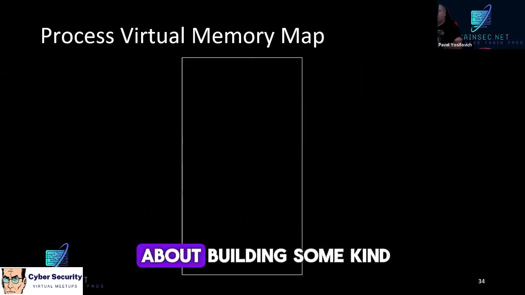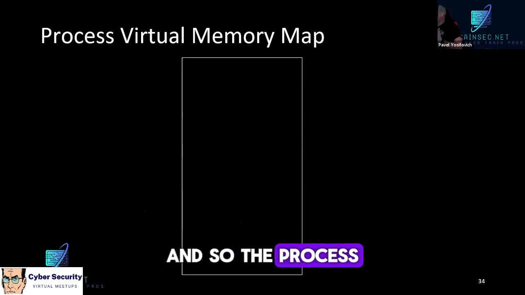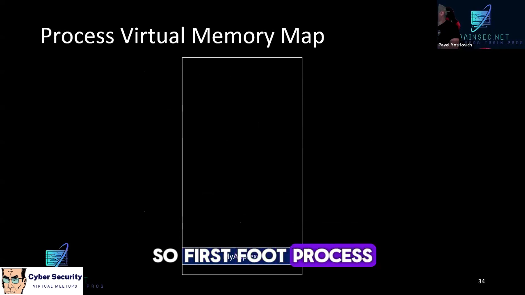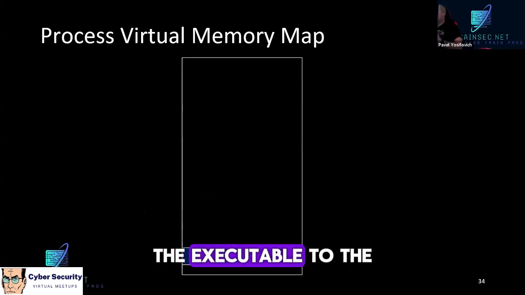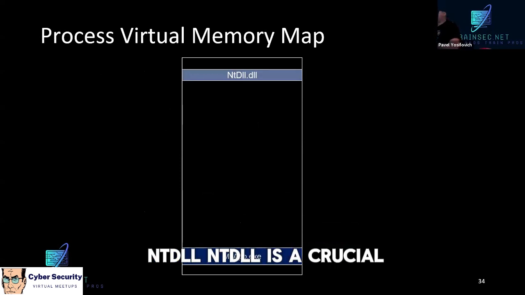So when you think about building some kind of software, some kind of code, we're running some kind of process. And so the process has a memory map, and this is some of the stuff you might find in a process memory map. So first, when the process is being created, the kernel maps the executable to the address space of the process. And also it maps NTDLL.